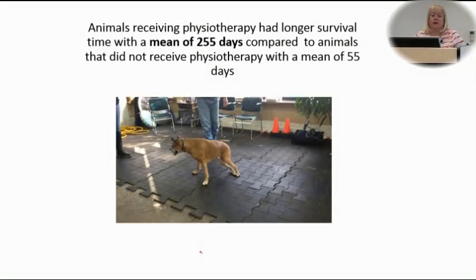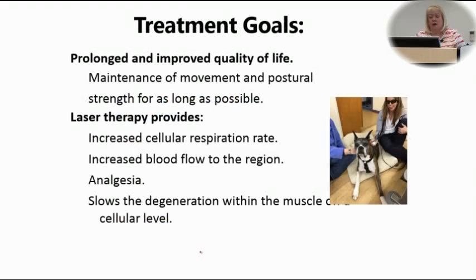And her treatment goals were, of course, to have prolonged and improved quality of life, maintain movement. And her laser therapy, she was looking at it as increasing cellular respiration rate, blood flow, analgesia, and slowing degeneration. We've talked about this already. But this was the dosage that she used for this study.